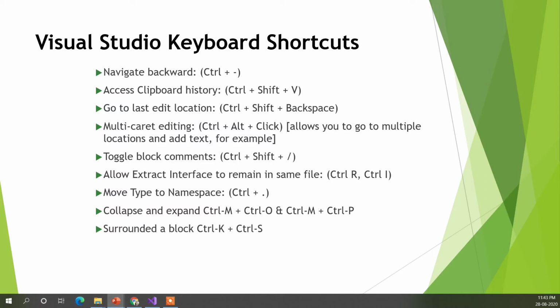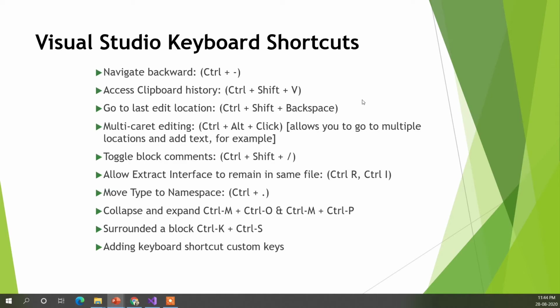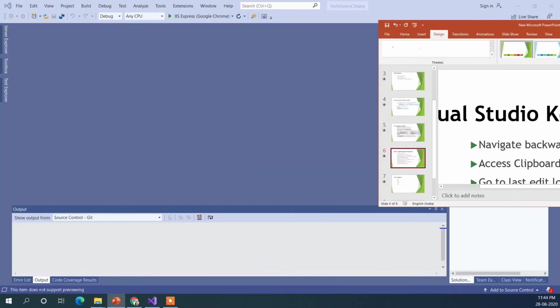And surrounding a block is something we can use if you want to add a block into a comment or add a particular block to a region. And we can always use keyboard shortcuts using our custom keys, which we have already seen. So let's see all these in action.